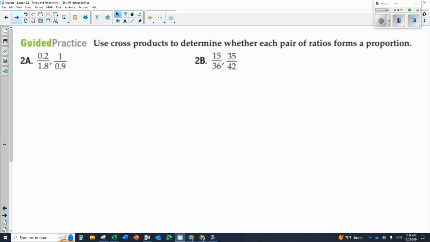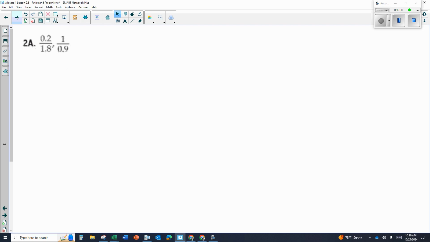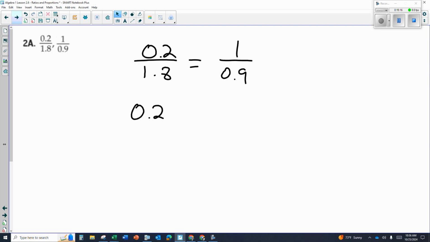So for 2A, let's test this. 0.2 divided by 1.8. We want to see, is it equal to 1 divided by 0.9? To test this, we look at the cross product. So 0.2 times 0.9, those would be our extremes.